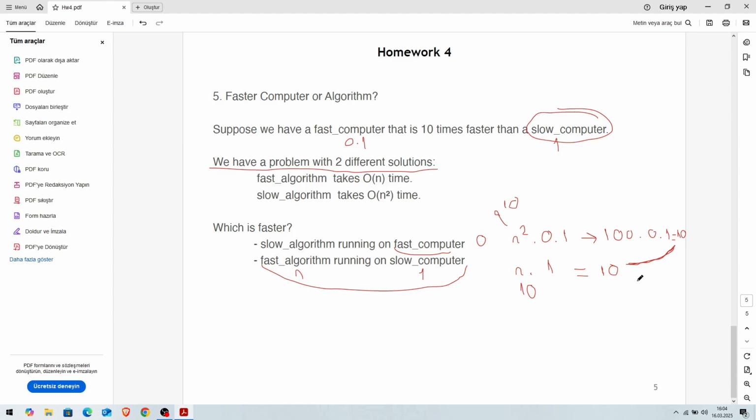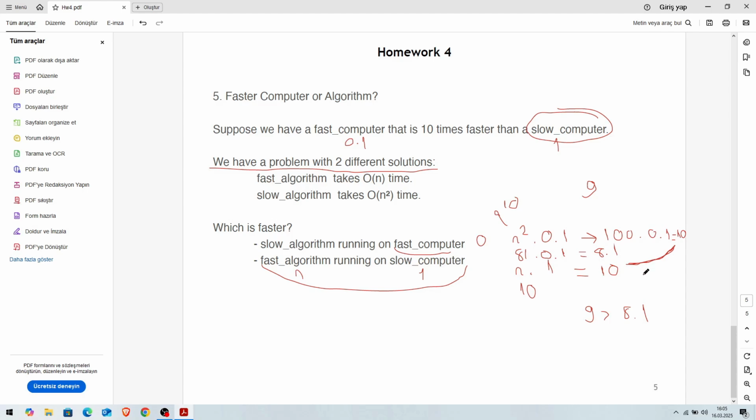And when we have values lower than 10, like 9, we have to calculate 9. We have 81 multiplied by 0.1, which is 8.1 for the slow algorithm running on the fast computer, and for the fast algorithm running on the slow computer, when we calculate, it's 9. 9 is bigger than 8.1.